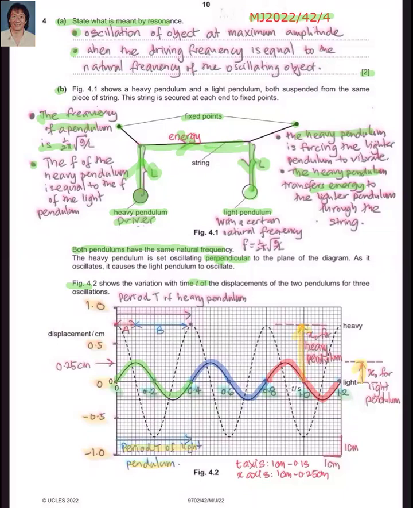The amplitude of the heavy pendulum is 3 times the amplitude of the light pendulum. Also, the oscillations of the heavy pendulum are different from those of the light pendulum. There is a phase difference. The phase difference can be calculated based on A or based on B, which is this one.